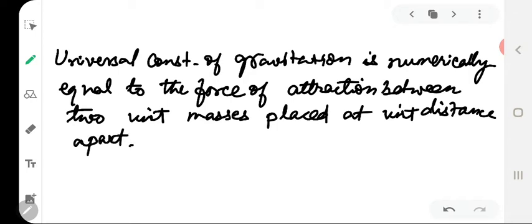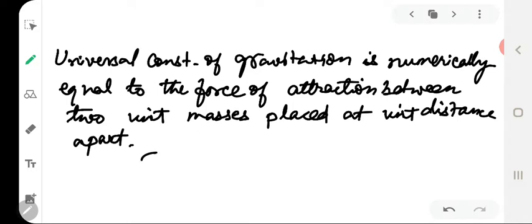apart. The value of this constant does not depend upon the nature and size of the bodies. It also does not depend upon the nature of the medium between the two bodies. Owing to the extremely small value of the gravitational constant, the gravitational force between even two big rocks is very small.